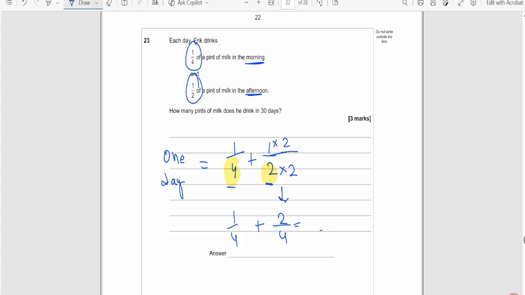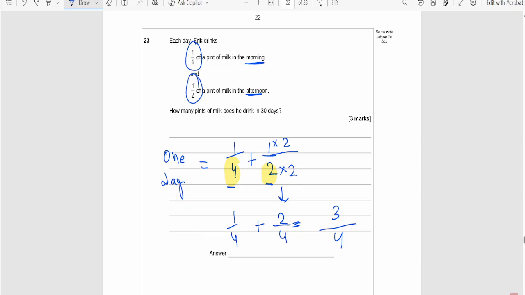Now when the denominator is the same, we just write 4 and add the numerators, so it will be 3 over 4. We don't add denominators, we only add numerators, okay?